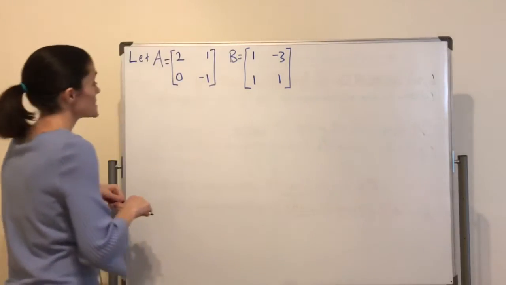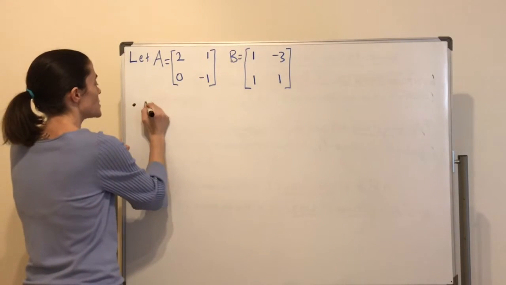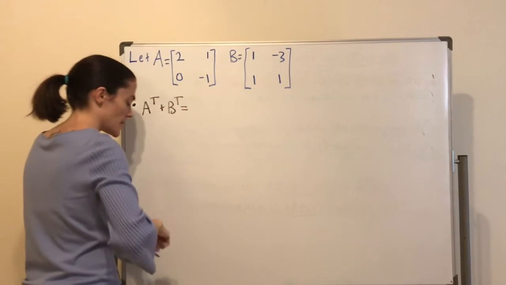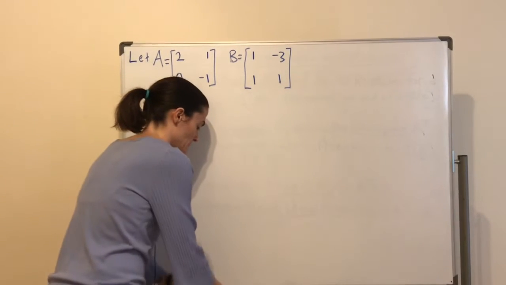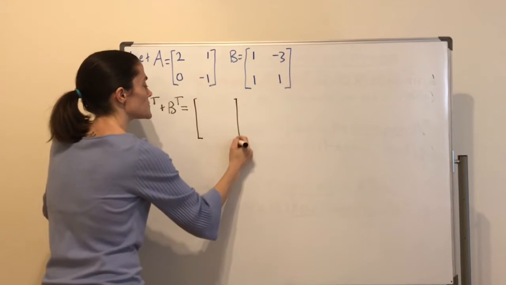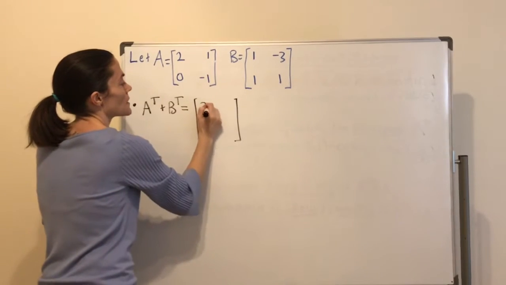Okay, so what is one that I'm going to do? Well, let's take A transpose plus B transpose and see what we get. Well, let's practice taking the transpose. Row 1 becomes column 1.